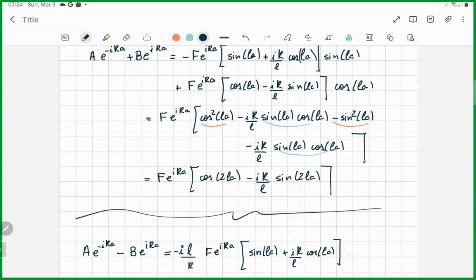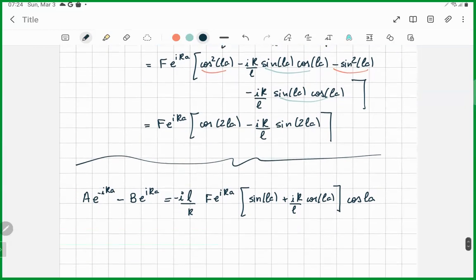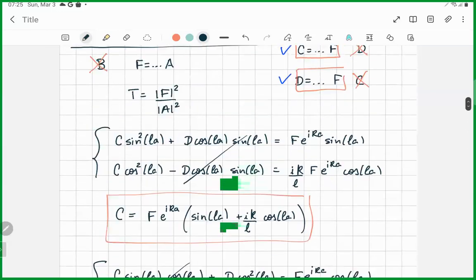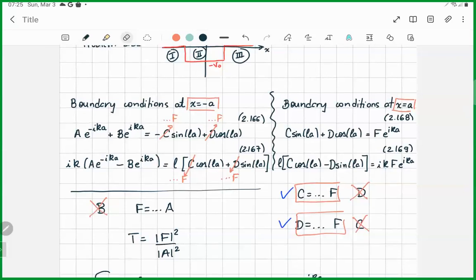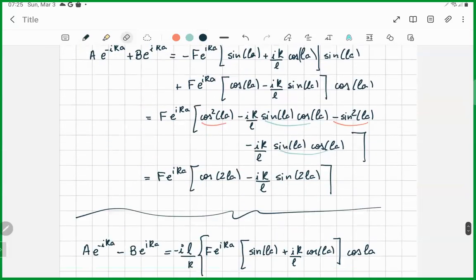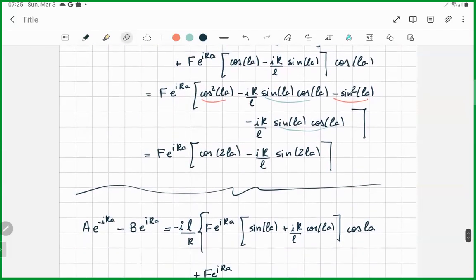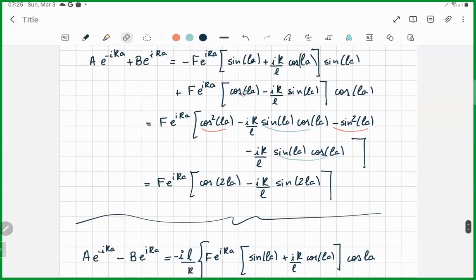This is now multiplied by cosine of LA, okay? Then we have again the same thing. I'm going to put this like this. So again, plus FikA. So what I'm doing now is this one, so plus, and now the equation for D. And the equation for D is this one.